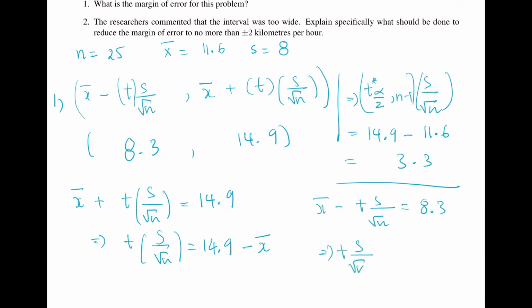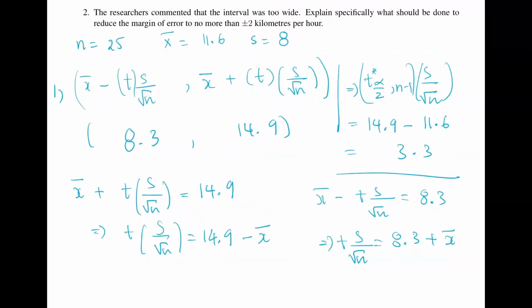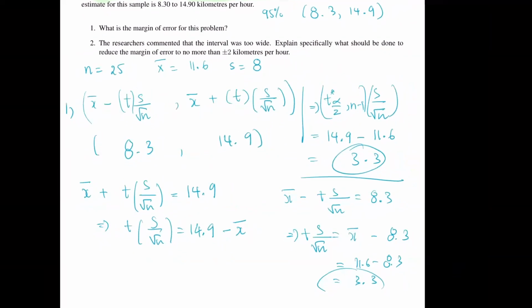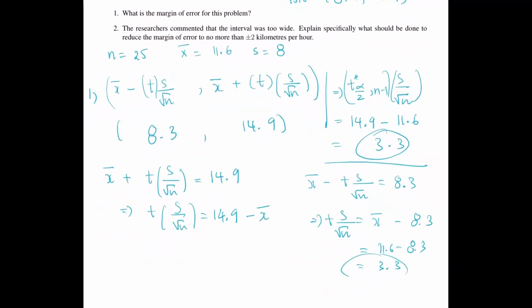Then t times s over square root n would be x bar minus 8.3. You can also do this as well. And then you would also have 3.3. So you can do either way. You should still come up with a margin of error of 3.3.